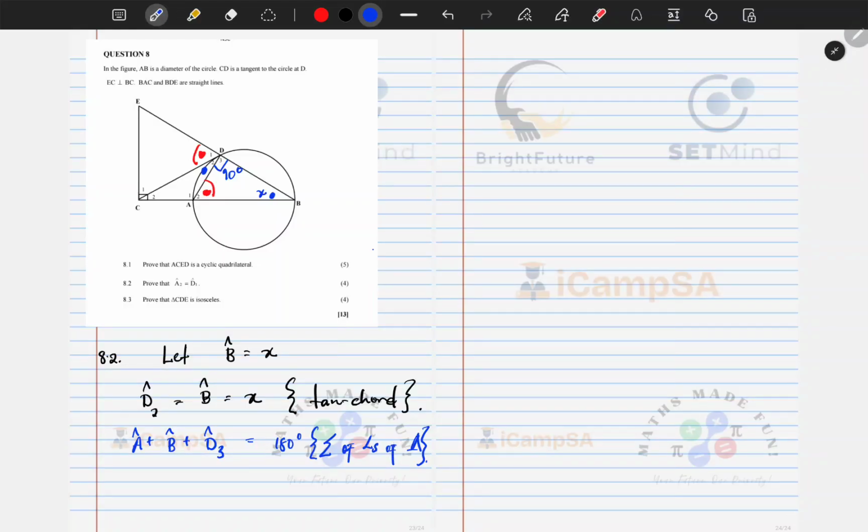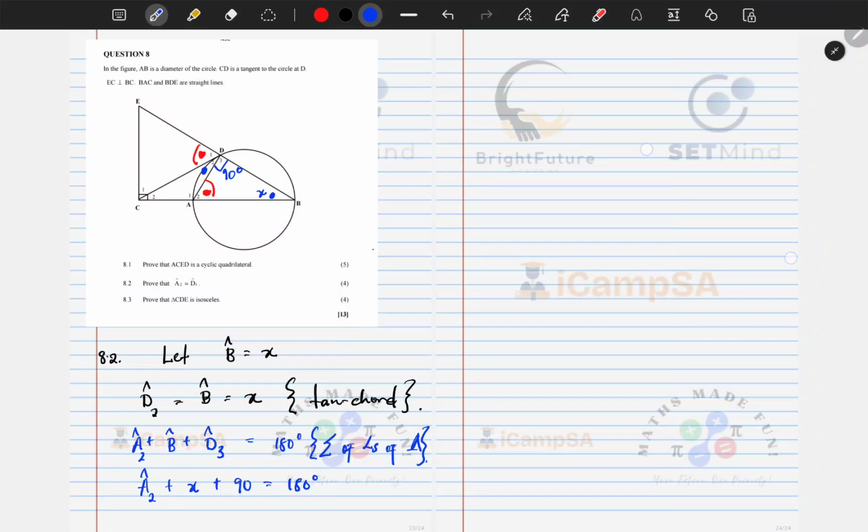So what is A2? A2 is what we are looking for. So we are looking for A2 plus B, which is X, and then what is D3? D3 is going to be 90 plus 90, which is 180 degrees.